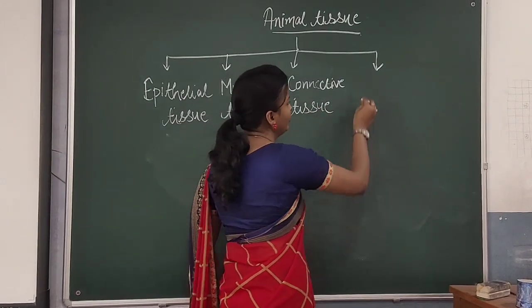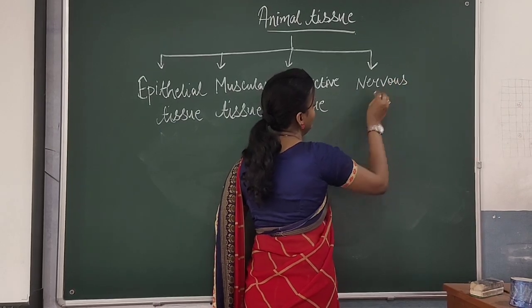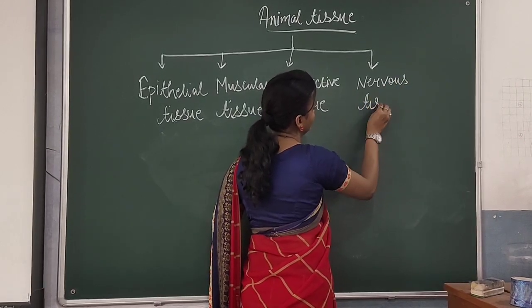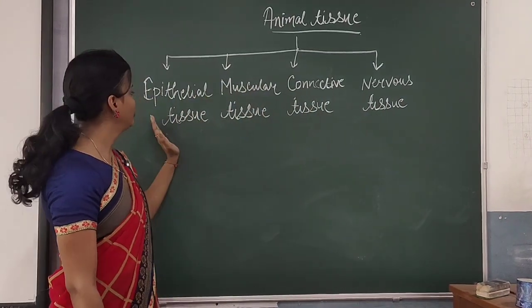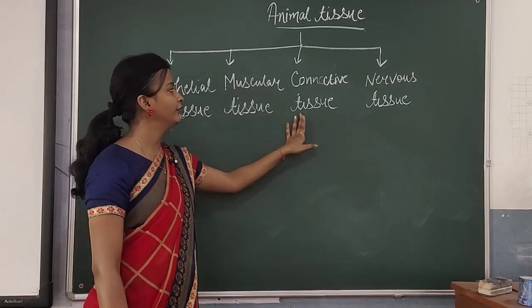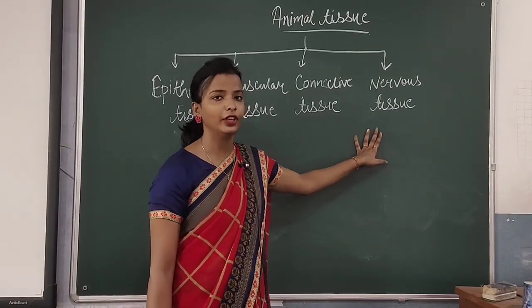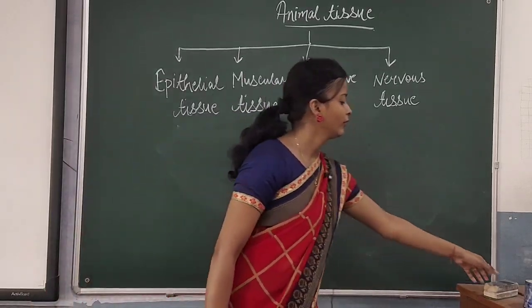And the fourth one is nervous tissue. The four types of tissues are: first epithelial tissue, second muscular tissue, third connective tissue, and fourth nervous tissue. Now we will discuss them one by one in detail.